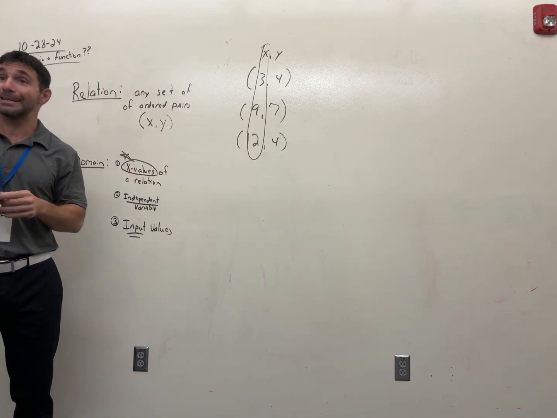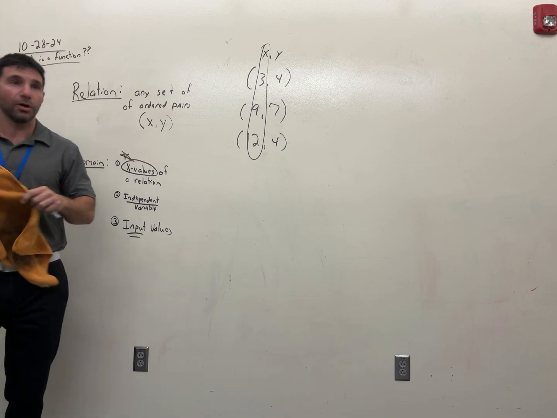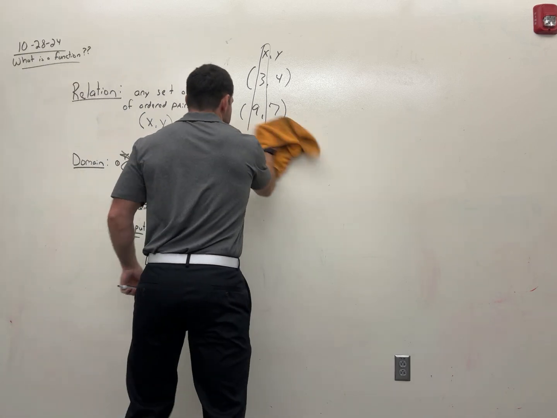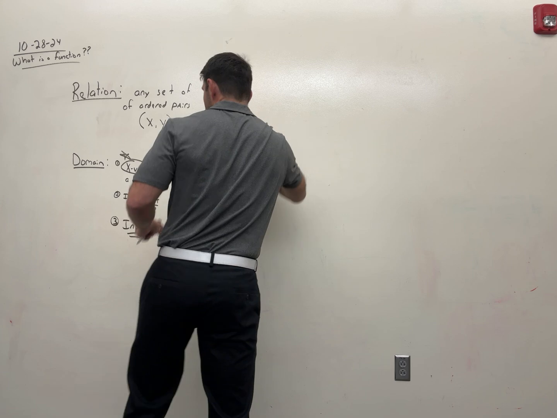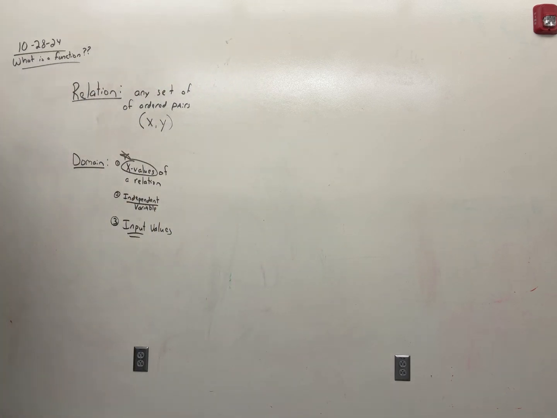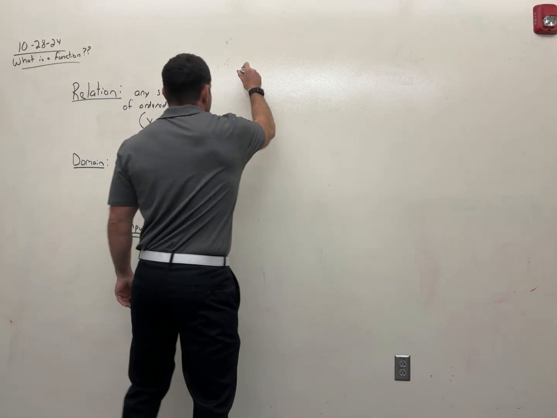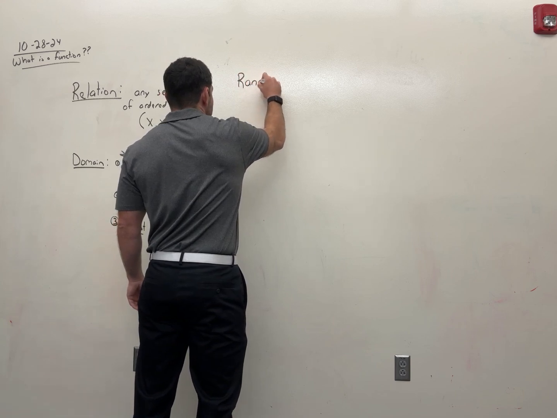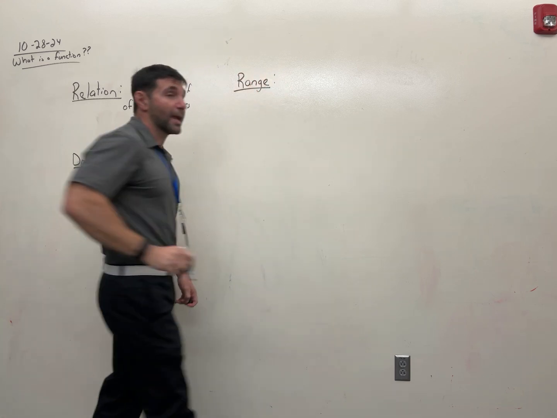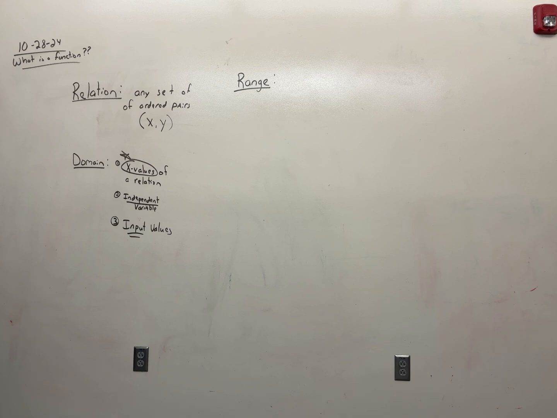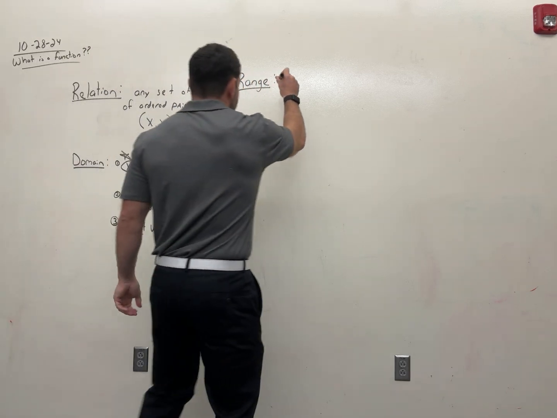That's my domain. Does anybody know what the other part is called? And you might have been taught this. You might not have. Starts with an R. Oh, the radical? Not quite. It's all right. They are called the range. And guess what? We're going to have 3 things for the range. What do you think number 1 is going to be for the range?